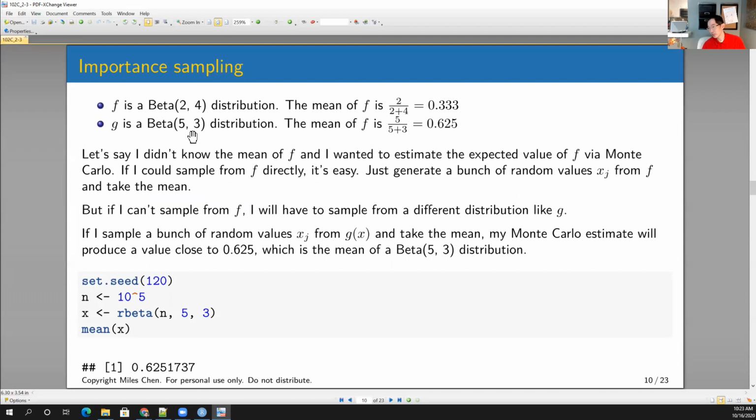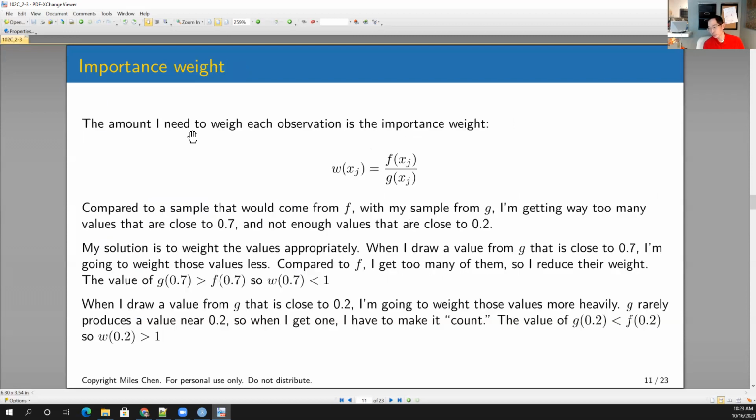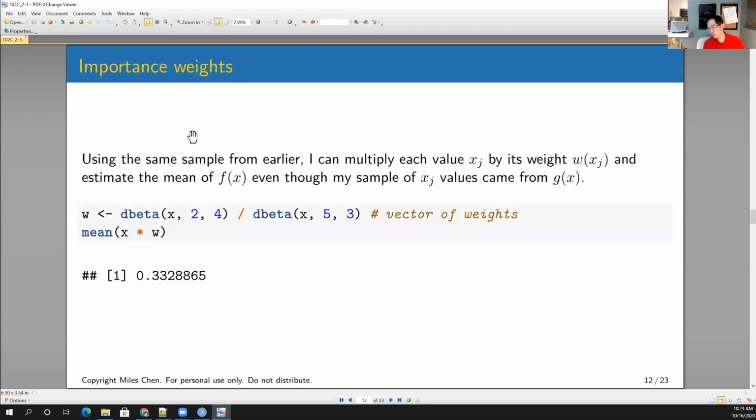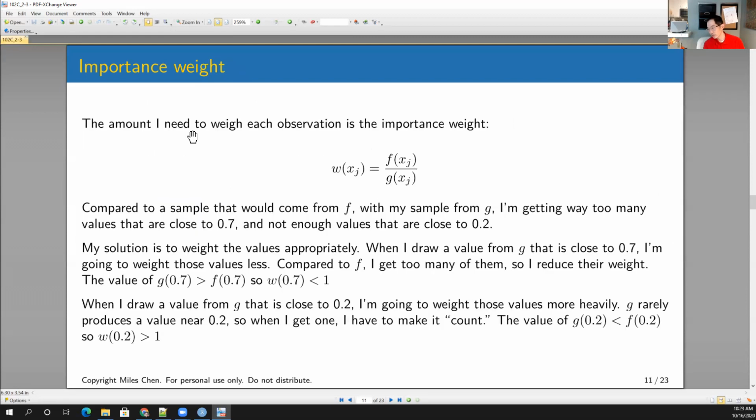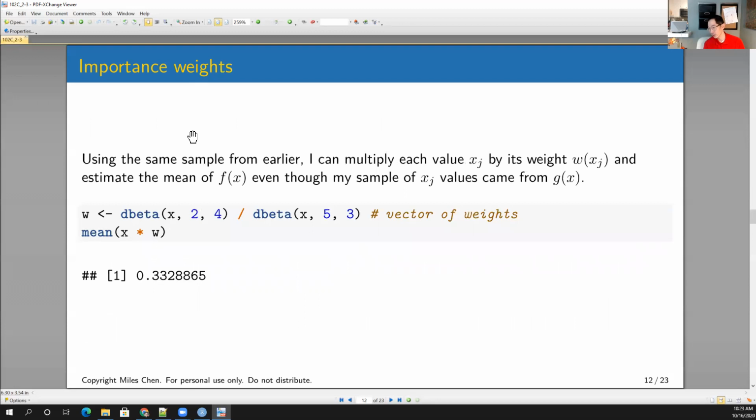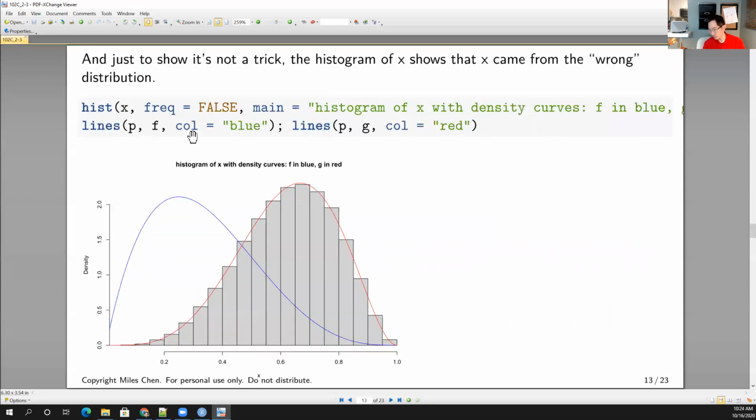We could have used the uniform from 0 to 1. We could have used any distribution that contains the interval 0 to 1. So as long as you meet that requirement, that the support of F is contained inside the support of G, it'll work. And yes, some proposal distributions will converge faster than others.